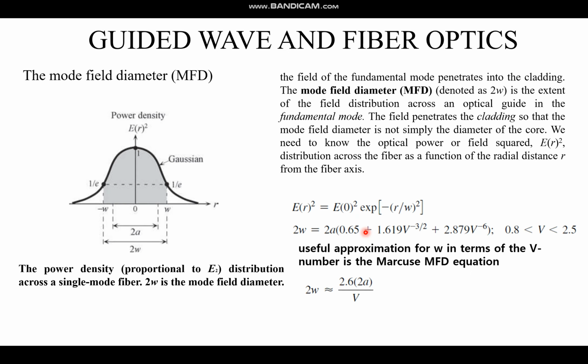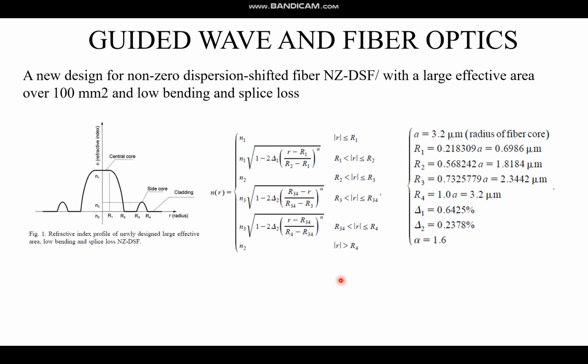And another is the mode field diameter, called MFD. If we consider the electric field decaying exponentially like this, we can define some width at 1/e, and that gives the definition here.